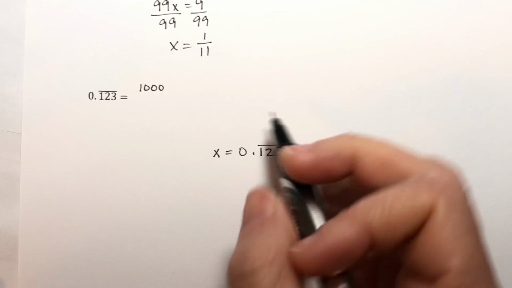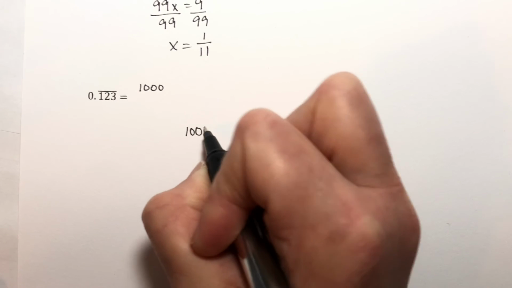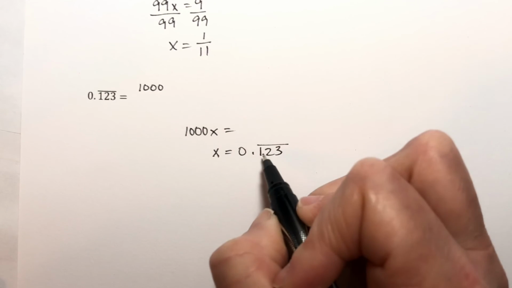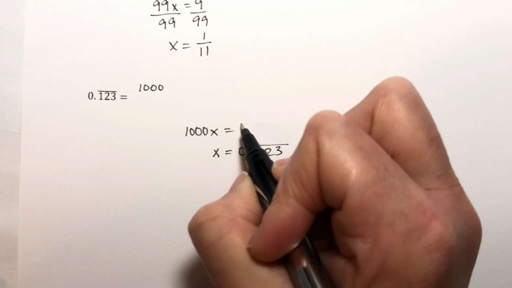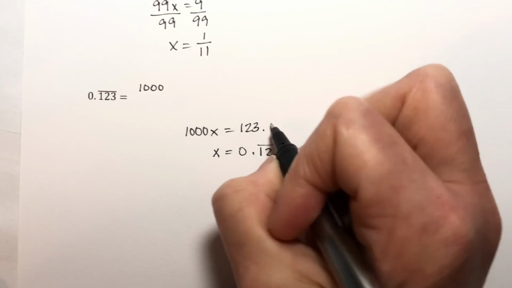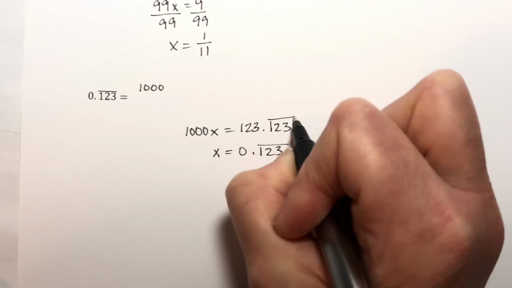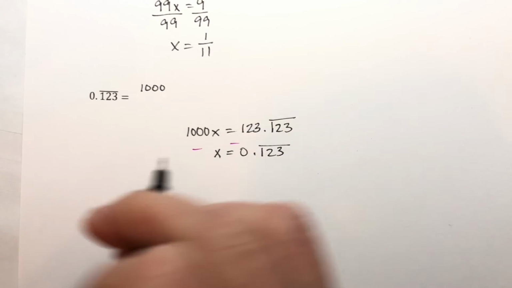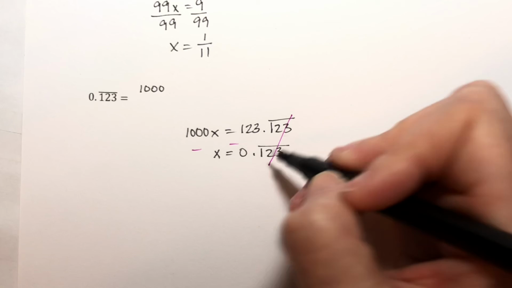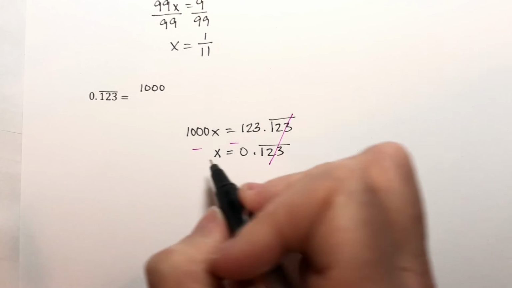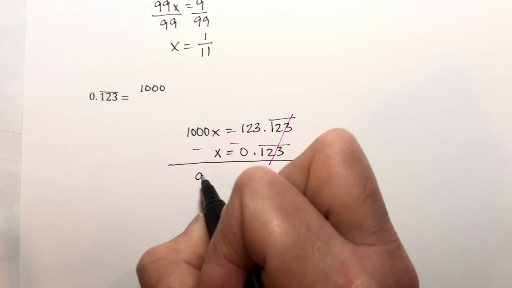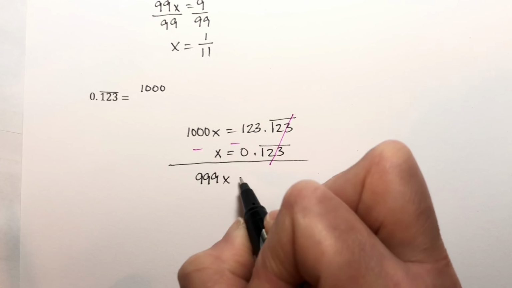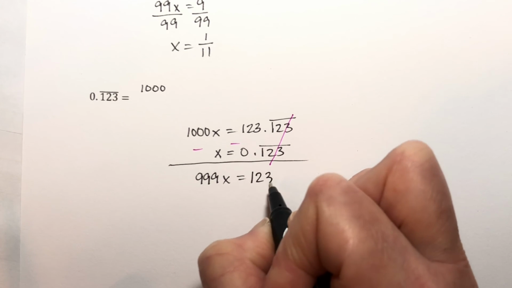If I multiply this by 1,000, 1,000x equals, this is going to move it over 3 places, so I have 1, 2, 3, but then I still have 1, 2, 3 repeating. If I subtract, the 0.123s cancel out that repeating part, and I end up with 999x equals 123.